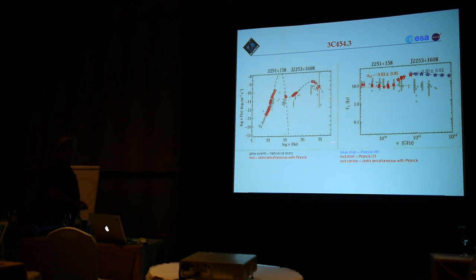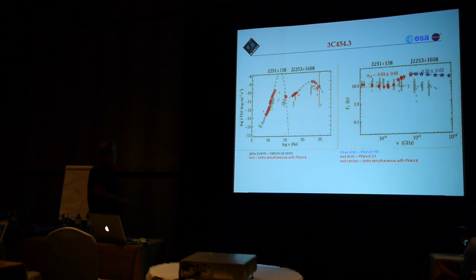So we have tremendous spectral coverage. Now Planck is hidden here, and in the zoom of the Planck frequencies, you see 3 frequencies from LFI and 6 from HFI, and it goes all the way to optical and X-ray. Archival data are shown in gray. Simultaneous observations with Planck are shown in color.